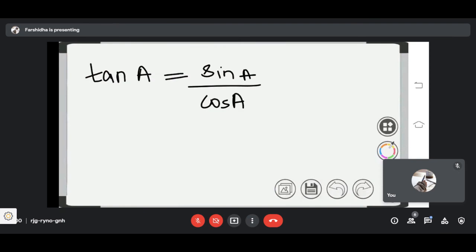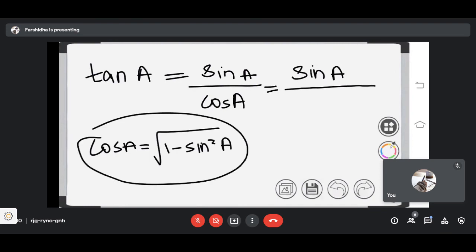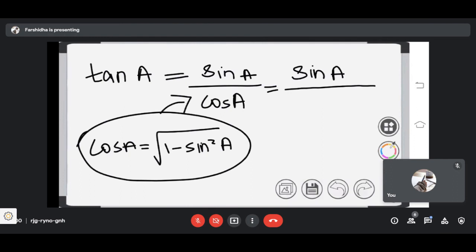Tan A is equal to sin A by cos A. Cot A equal to cos A by sin A. So tan you can write as sin by cos, equal to sin by, just now we found cos A equal to root of 1 minus sin square A, right? So I'm going to replace this cos A by root of 1 minus sin square A. So I'm writing here root of 1 minus sin square A. That's it.